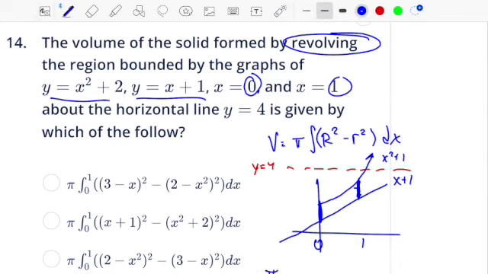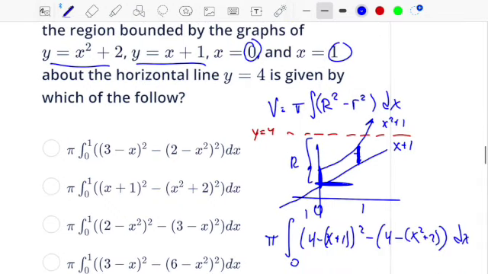So we are going to have pi. This is our outer radius, so we're going to have 4 subtract x plus 1. So it'll be 4 minus x plus 1 squared minus inner radius 4 subtract x squared plus 2 dx, and we're going to go from 0 to 1.